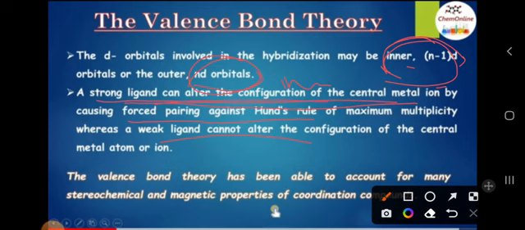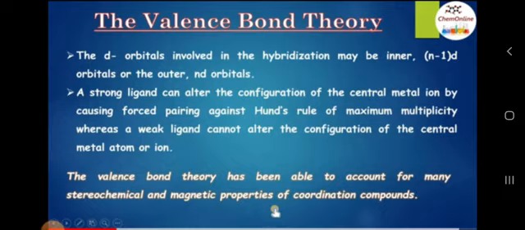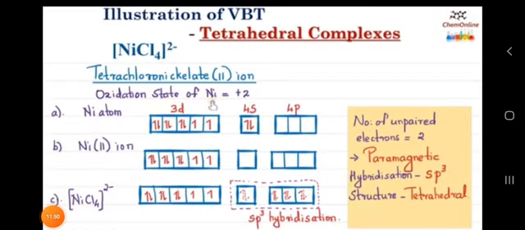The strong field ligand forces pairing of electrons in the central metal ion, but the weak field ligand does not force the electrons to pair. By this, valence bond theory mainly explains the magnetic properties of coordination compounds. Now let us see examples.